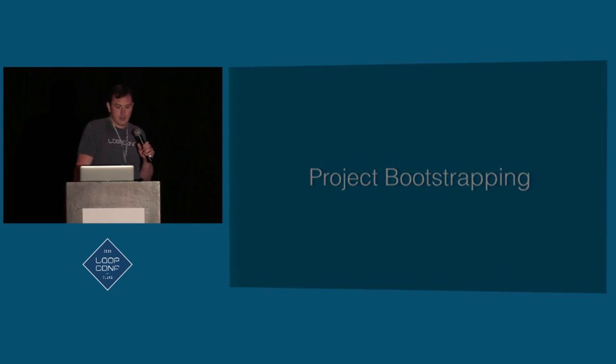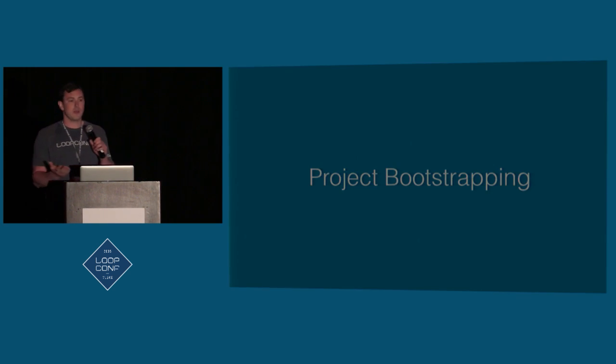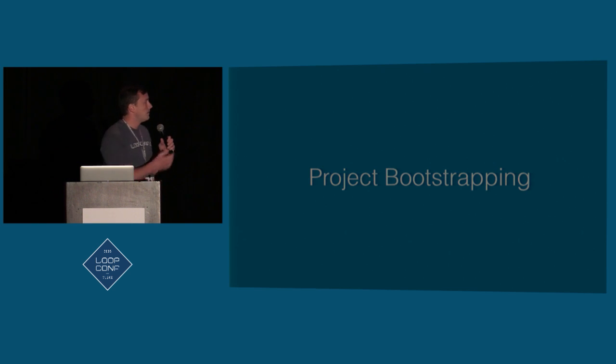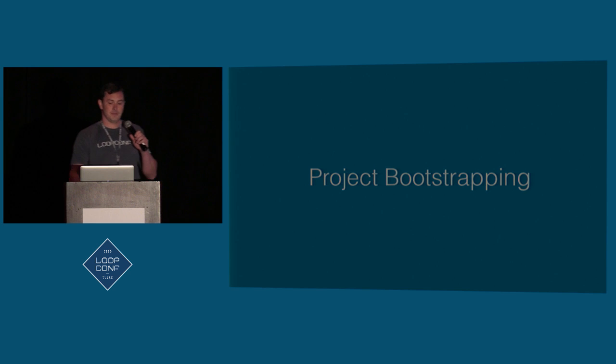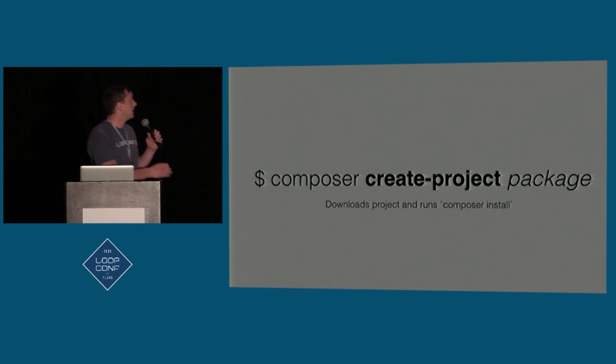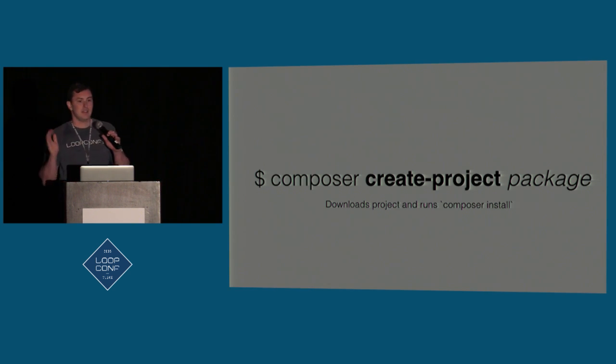So you can go through all those steps, or you can use Composer for project bootstrapping, which is what I like to do. You can do something like composer create-project and then the name of a package.